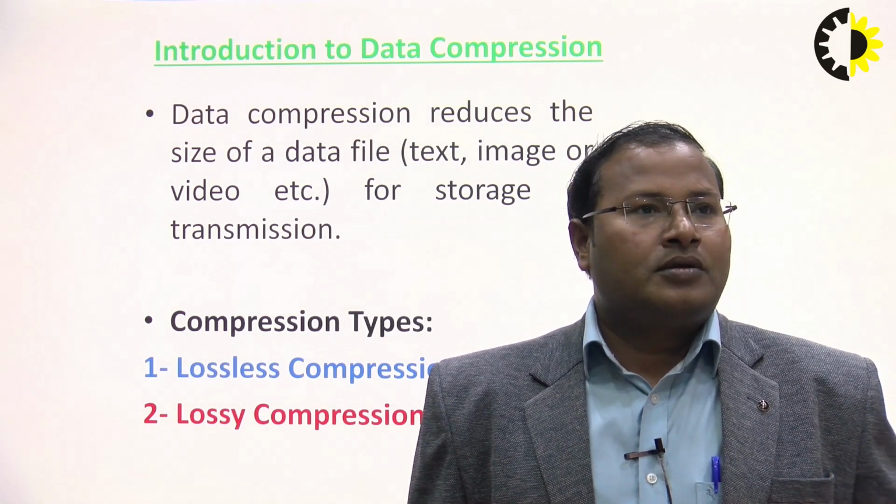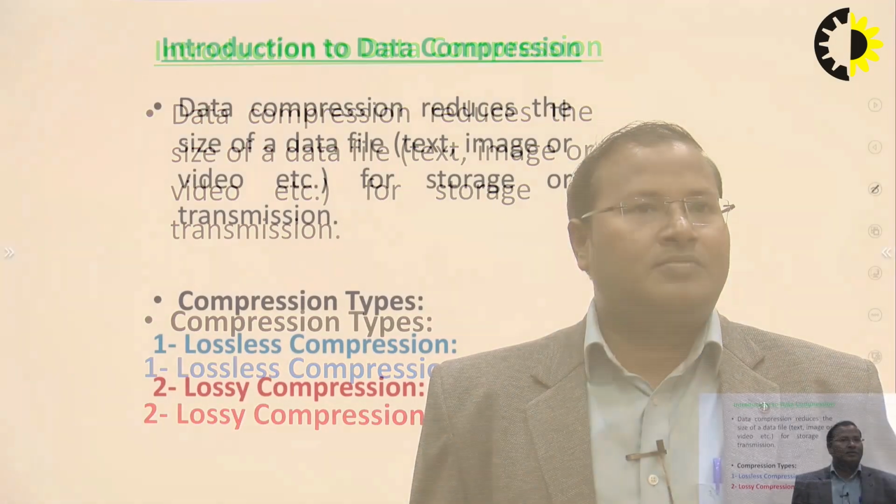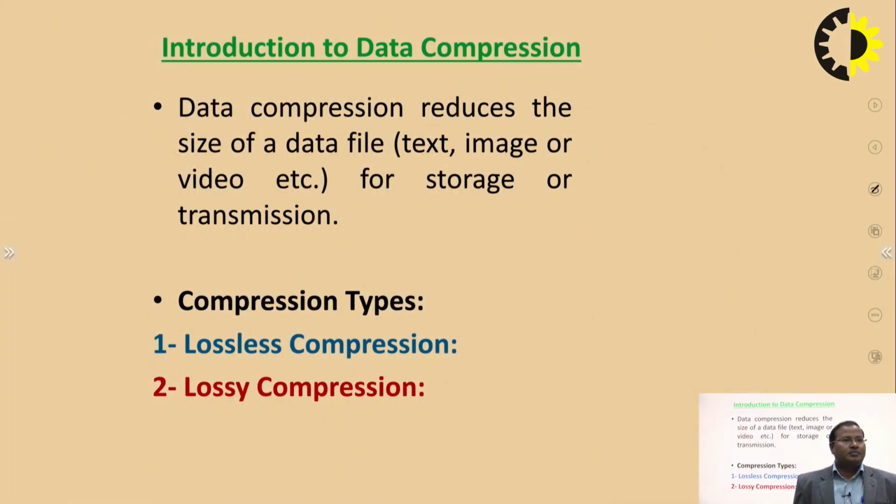So firstly I want to give the introduction of data compression. Data compression reduces the size of a data file like text, image, video, audio for storage or transmission. Compression is basically of two types, lossless compression and lossy compression.